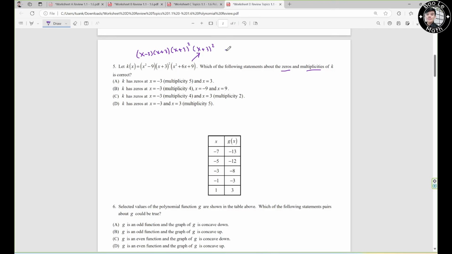So we just combine them. We see that 1 plus 2 plus 2 is going to be 5. So we look at this one, the zero must be s equal to 3, s equal to negative 3, multiplicity of 5. So the answer must be A.